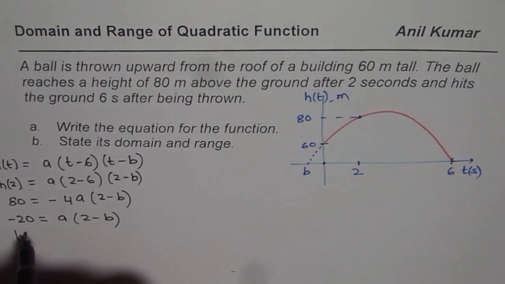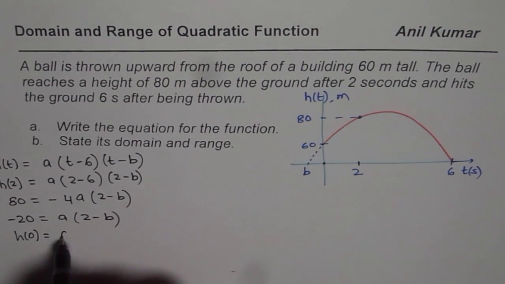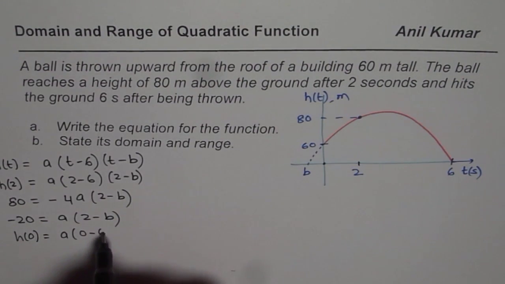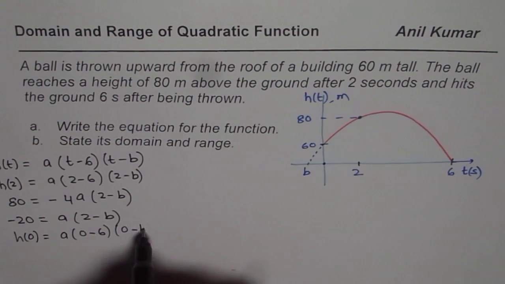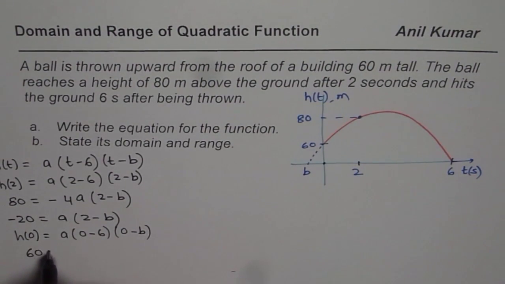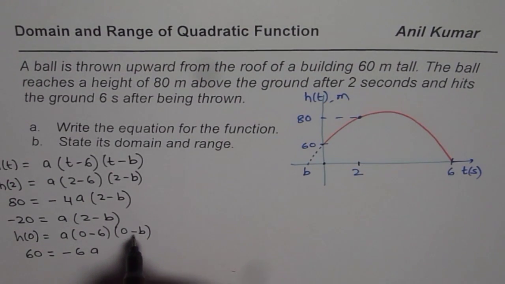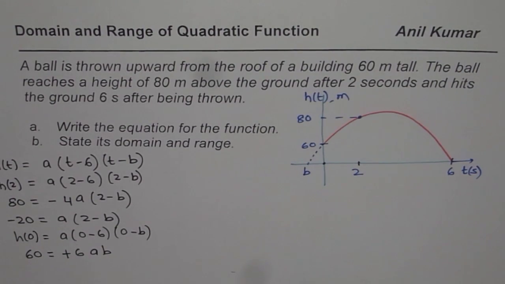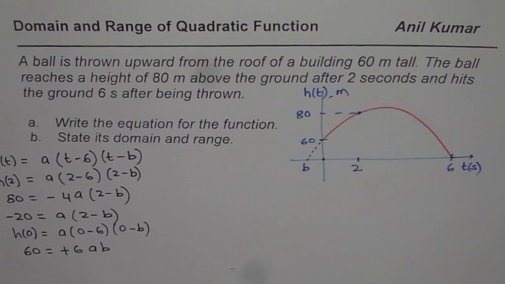So h of 0 equals a times 0 minus 6 times 0 minus b. And this height is 60, so I'll write 60 equals minus 6a times minus b, so it becomes plus 6ab, correct? Okay, so we get our second equation.